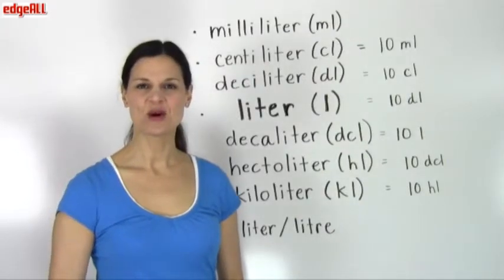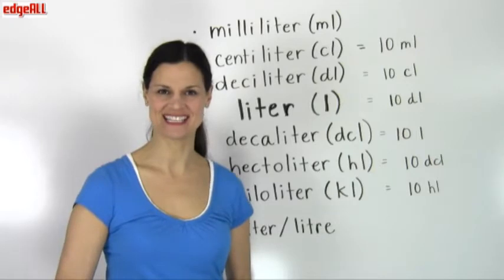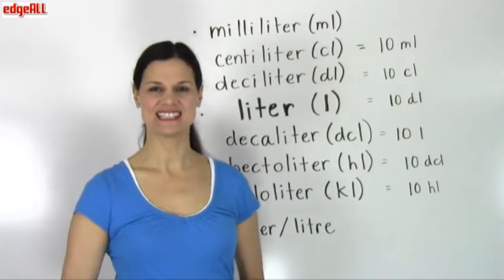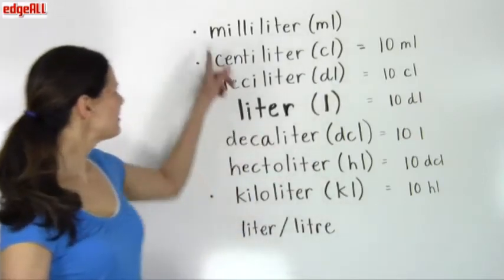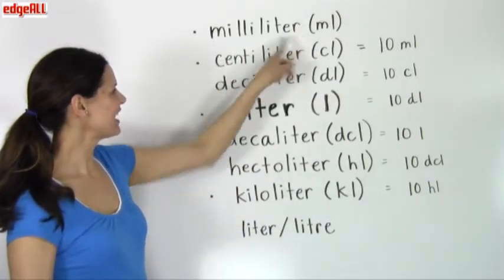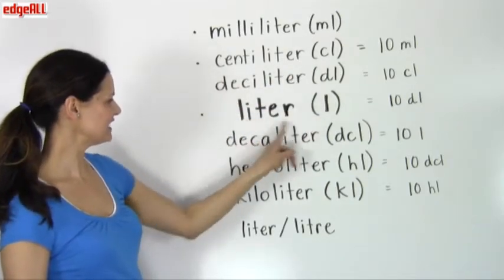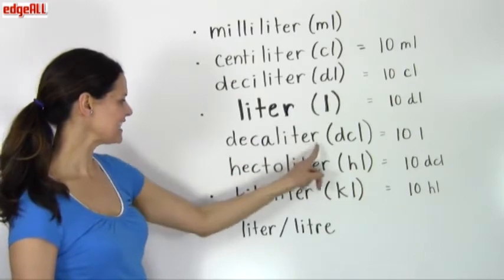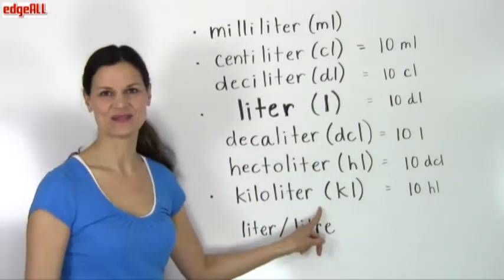The other more commonly used system to measure volume is the metric system. The metric system has many units to measure volume. We'll start with the smallest, which is the milliliter, and then centiliter, deciliter, liter, decaliter, hectoliter, and kiloliter.